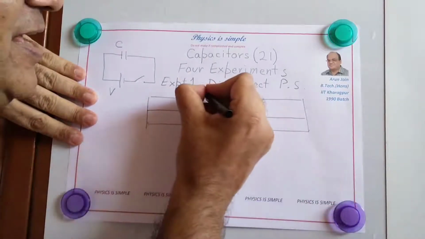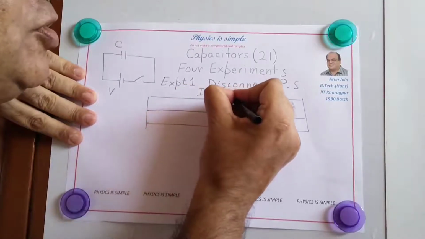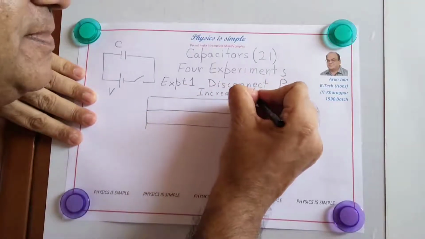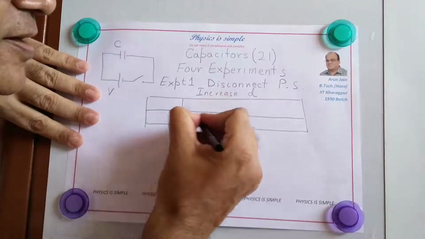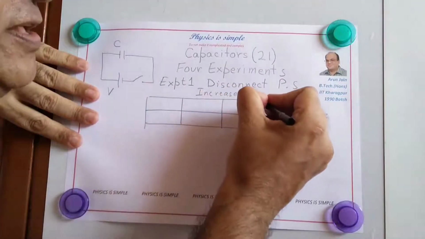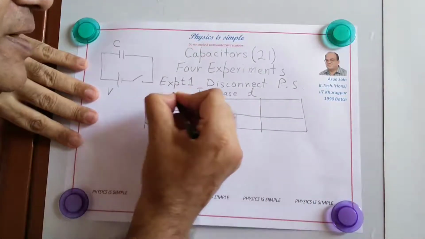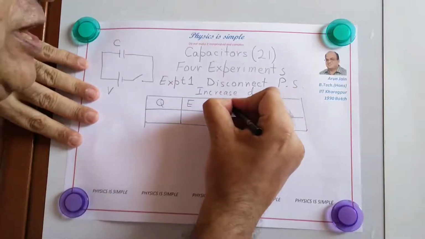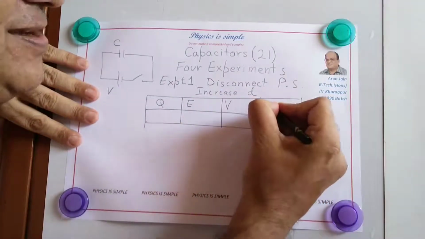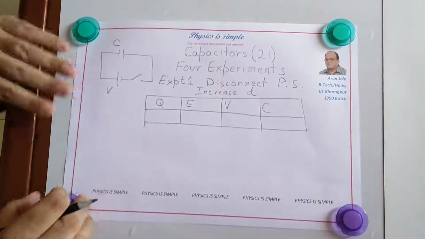Now we increase the separation D between the plates. We want to understand what will happen to these 4 parameters: the charge Q, the electric field E, the potential difference V between the plates, and the capacitance C.